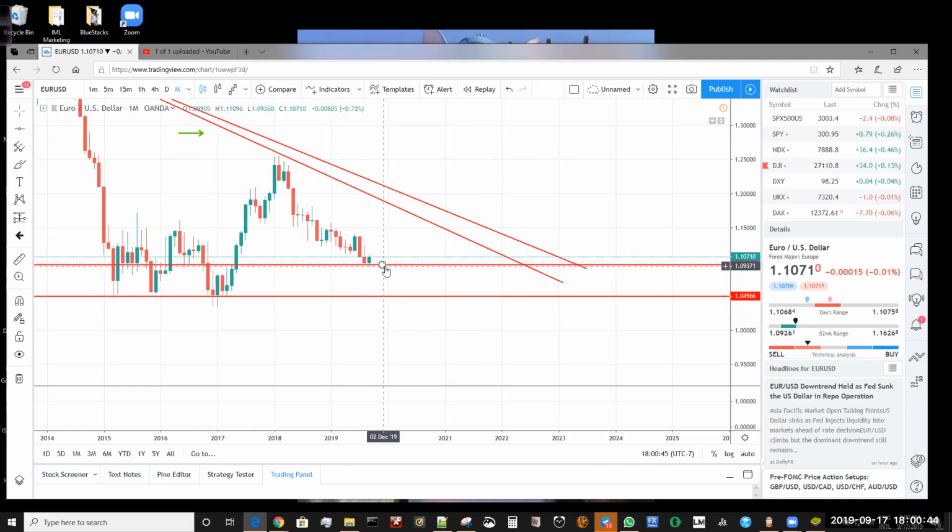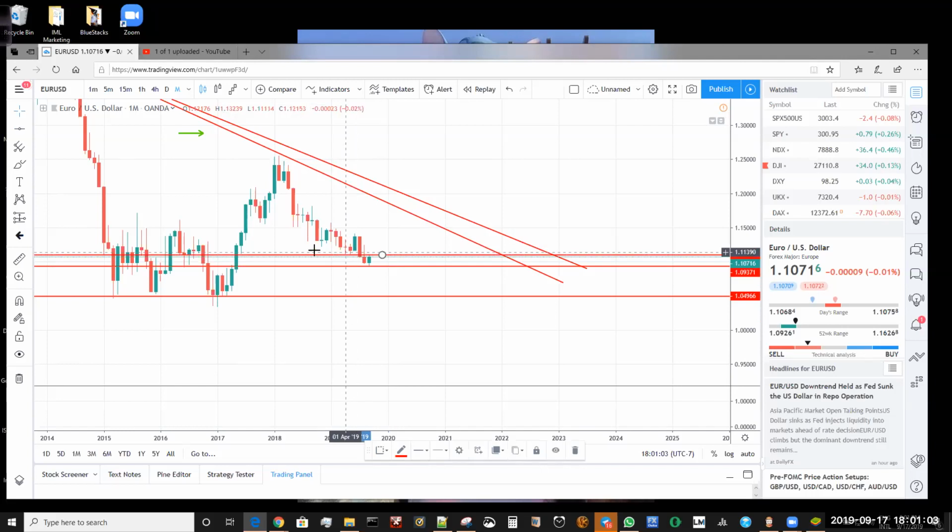We already have a horizontal line underneath for our support, so I'm going to put one above that green candle on the wick for our resistance, that's our ceiling. And again, to keep with the current flow, I'm going to change that to green.